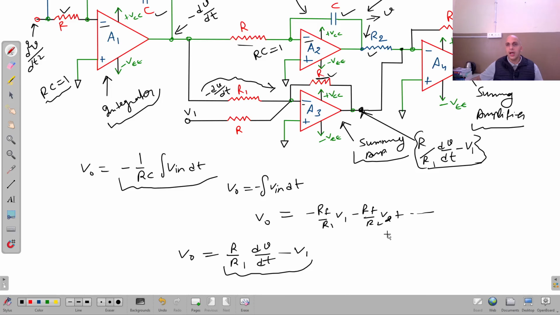Again, the same logic, R upon R2 into v. V is this input, so it becomes minus v, right? Then what is the next? The second is R upon, here, I have not taken a resistance here, so we should take a resistance here, because when we are applying an input, we have to take a resistance here. So let's consider a resistance here, right?